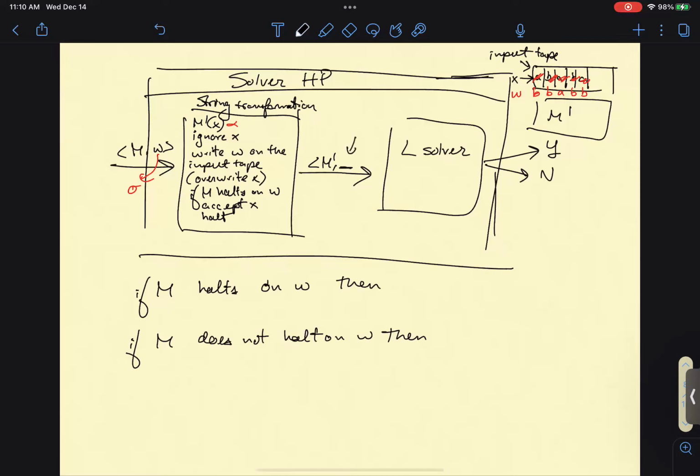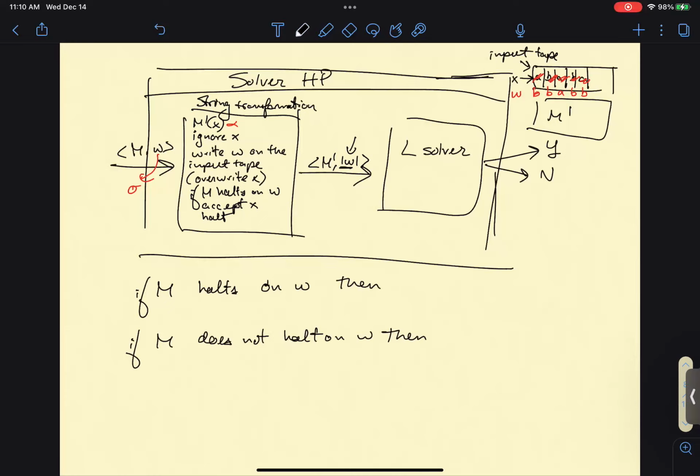The L solver takes a Turing machine and then some integer, right? So what's the integer you give it? Yes, okay, length of W, very good. Now let's try this. If M halts on W, what does the L solver say?